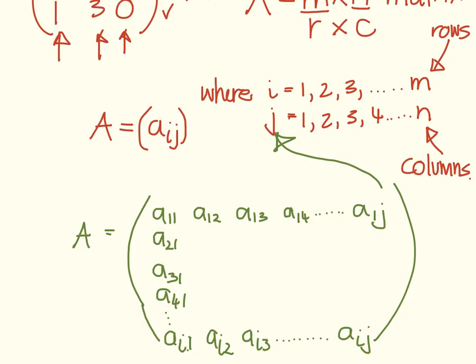And this is simply a way of identifying where we are within our matrix. So hopefully that makes sense to you. It really is simply a mapping tool. Okay, very useful terminology.